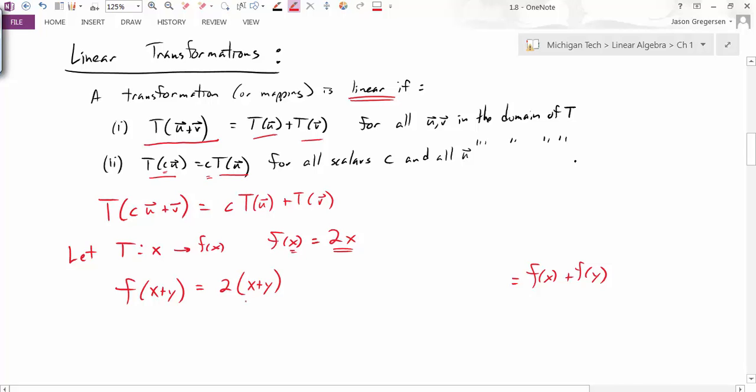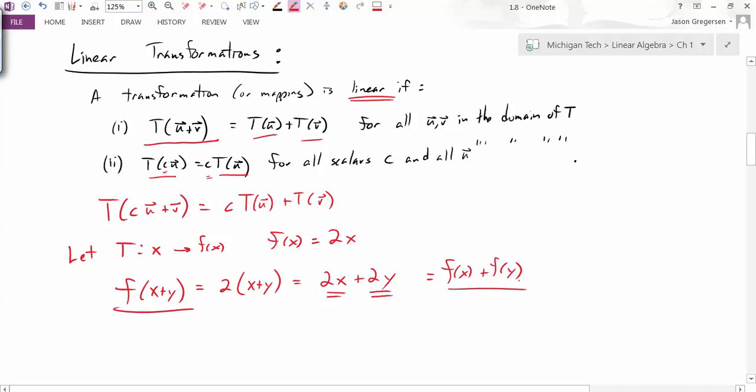So everywhere I see an x in the definition up here, I'm going to replace it with x plus y. But of course, these are just real numbers in this case. So now if I distribute that 2, I will get 2x plus 2y. But 2x by definition is just f of x, and 2y by definition is just f of y. Therefore, this is equal to f of x plus f of y. So I've shown that first property is true.